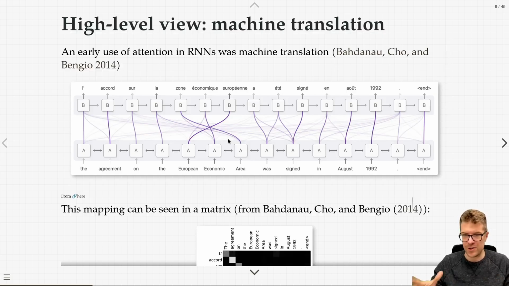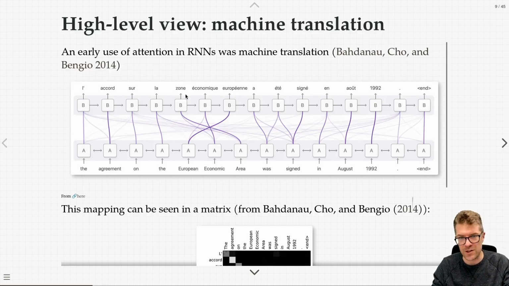So high level, you see what's going on here, right? There are two recurrent neural networks for encoding and decoding, respectively. And then there are all these connections between them, between individual words, saying when you're producing this word in French, zone, this word in English, area, is more important to your translation. It's more relevant to you right now. So pay attention to the representation for the word area in the source.